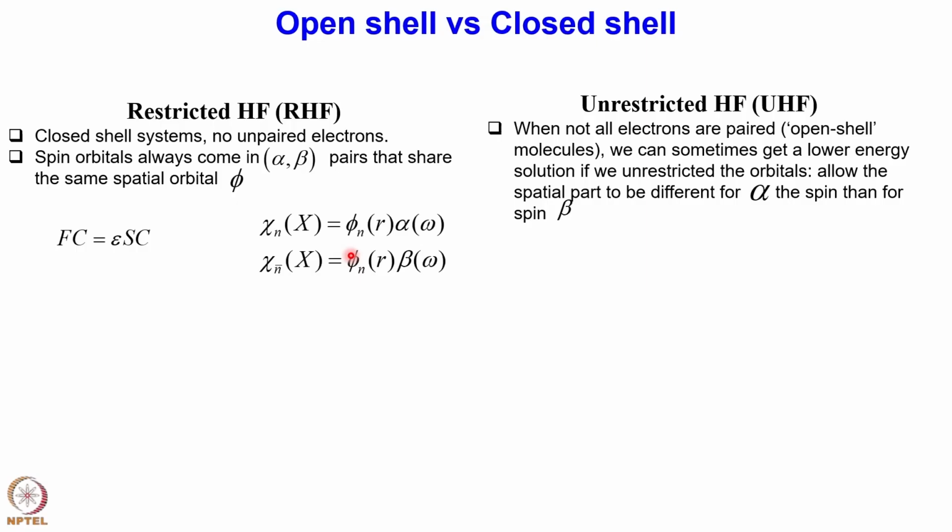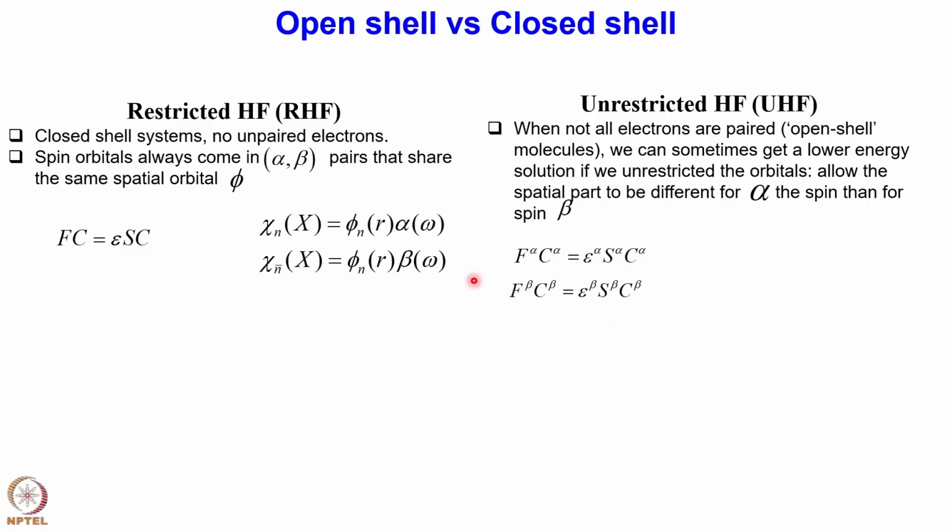the restricted Hartree-Fock case. In this case, I get the alpha and the beta orbitals from the solution of two different sets of Fock operators. So, I separately diagonalize the alpha Fock operator and I separately diagonalize the beta Fock operator.